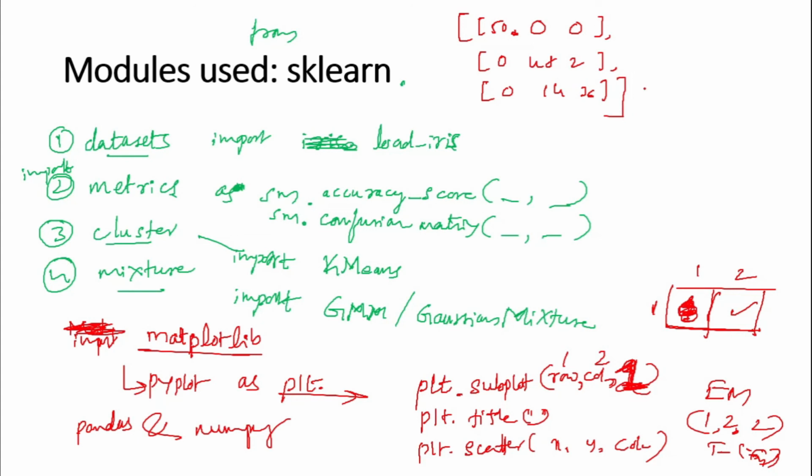How many data samples are in the data set? 150. If you add all these values, you'll get 150.